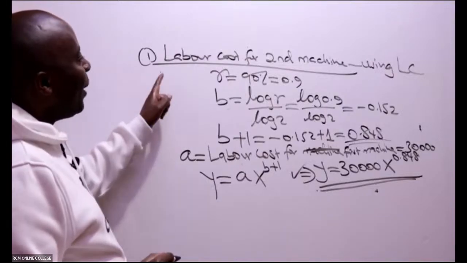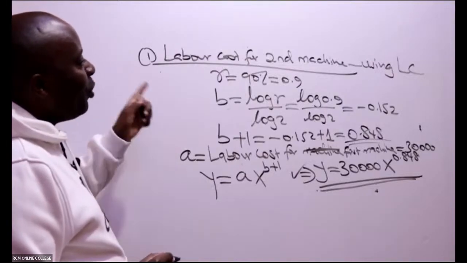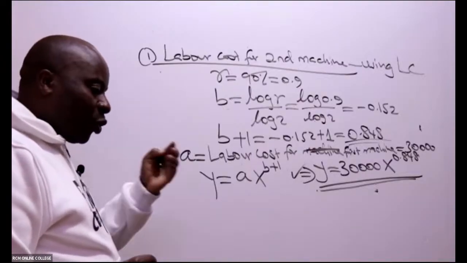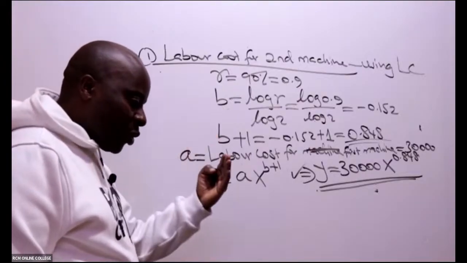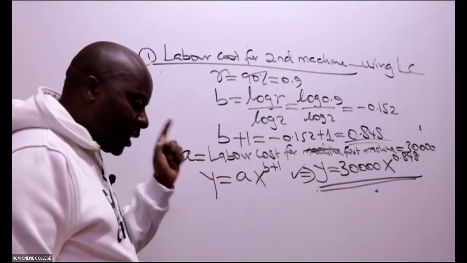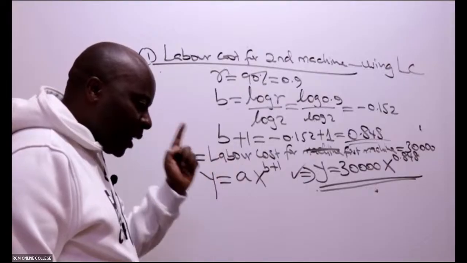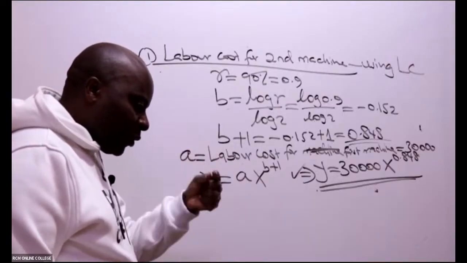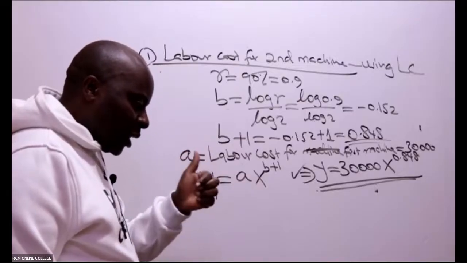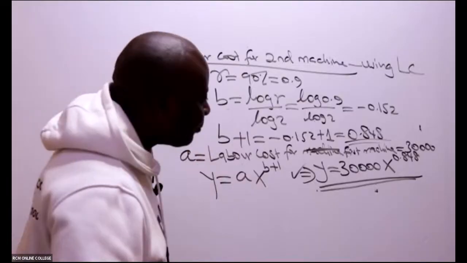Now from there, I ask myself, these people want labor cost for the second machine. They don't want the first two machines, no, the second machine. I'll remember very fast that there is some expansion to be done because they are specifically looking for a particular positional machine, the second machine.